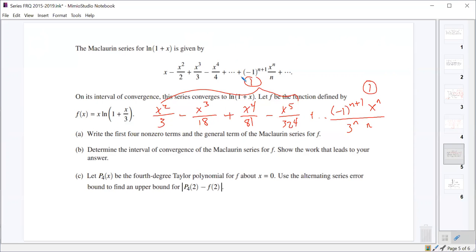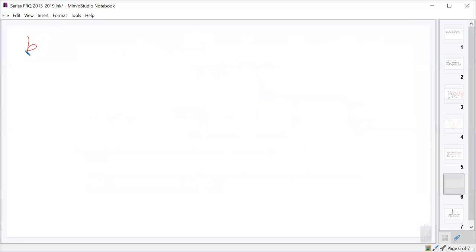So part B says determine the interval of convergence for F. So what are we going to do to determine that convergence? For part B, what are we going to do?